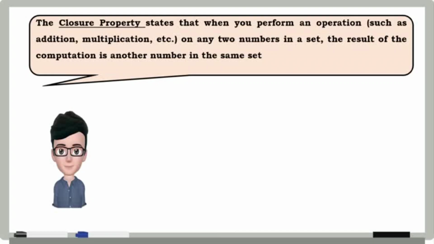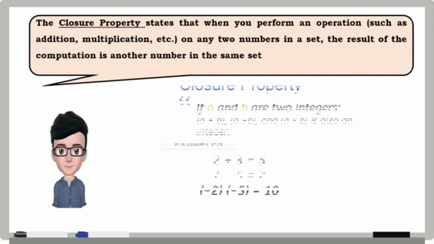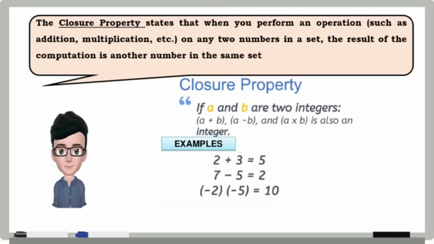The closure property states that when you perform an operation such as addition, multiplication, etc. on any two numbers in a set, the result of the computation is another number in the same set. In symbols, if a and b are two integers, then a plus b, a minus b, and a times b is also an integer. So yun lang sinasabi ng closure property.